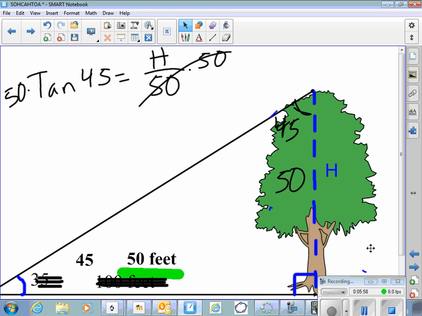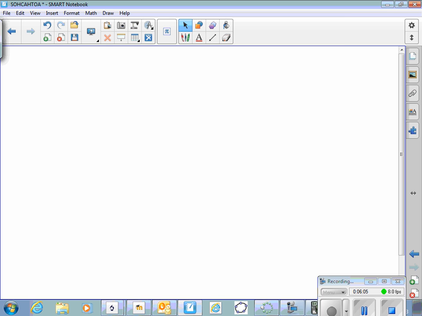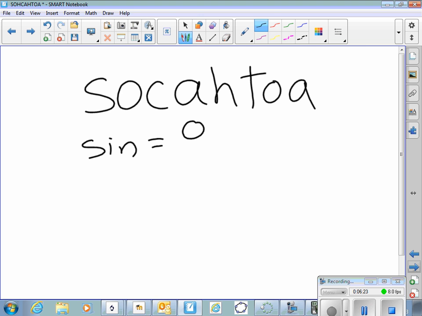But remembering that it's opposite over adjacent, that may be another thing. So here's how you remember it. SOHCAHTOA. That says that sine is opposite over hypotenuse.